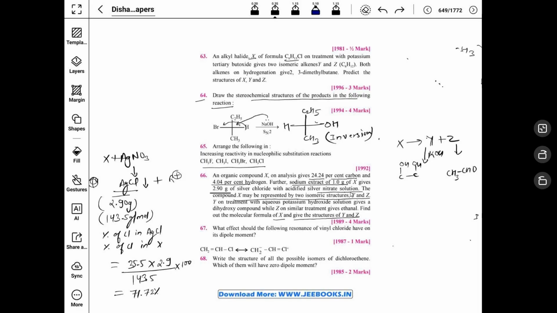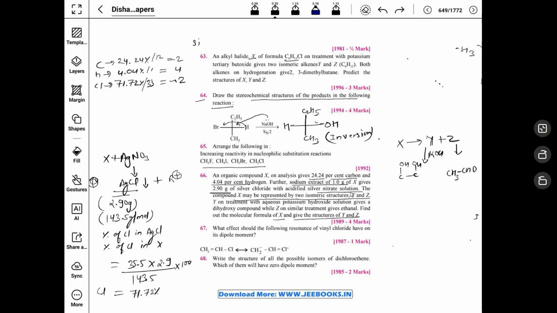After solving this, it will come around 71.72 percent. So this is the percentage of chlorine, and we know the percentage of carbon is 24.24, hydrogen is 4.04, and chlorine is 71.72%. Divide them by their atomic weights to get the relative number of atoms. Dividing by 12, 1, and 35.5, it will be around 2, 4, and 2.